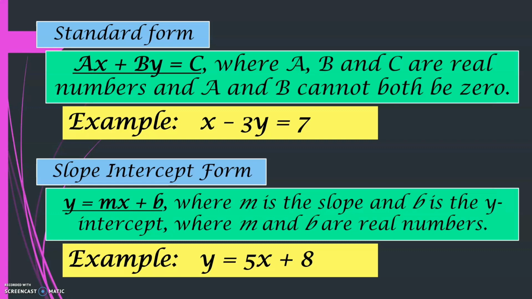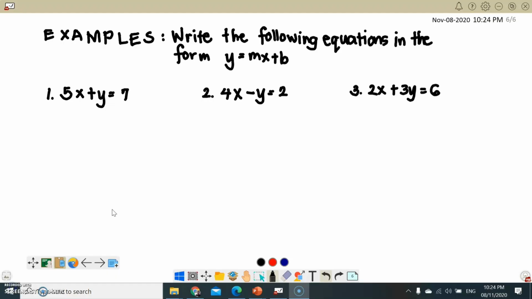Now, how are we going to write a linear equation in two variables written in standard form into slope-intercept form, or one written in slope-intercept form into standard form? Let's try some examples.